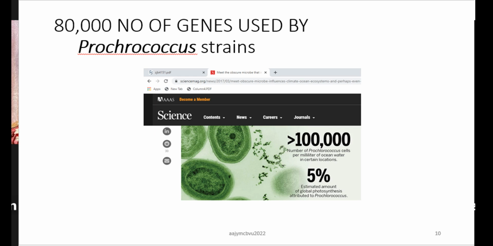In that case you have to think about intermicrobial interactions and what kind of bacterial systems are working, and what kind of give and take mechanism is working among those bacterial systems, that you need to understand. So I'm trying to share one example of that kind, which is Prochlorococcus, which is a lot talked about.